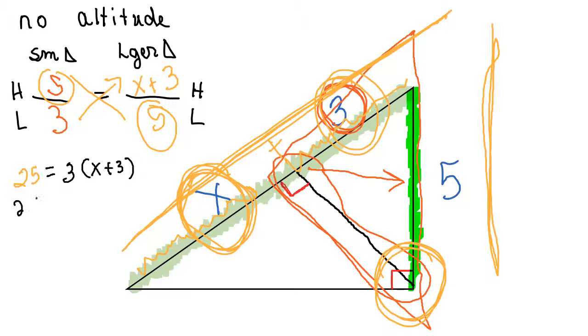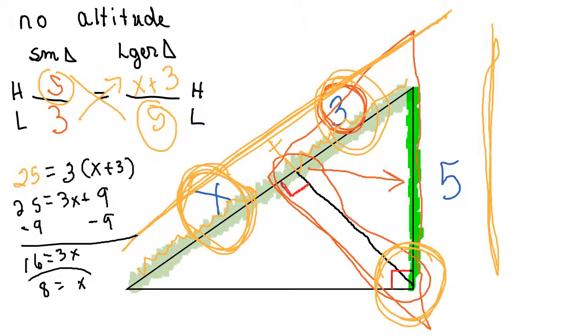Cross multiplying. 3x plus the 9. We're going to minus 9 from both sides. That's going to give us 16 equals the 3x. Divide out the 3. And all great math students said, hey, x equals 8.